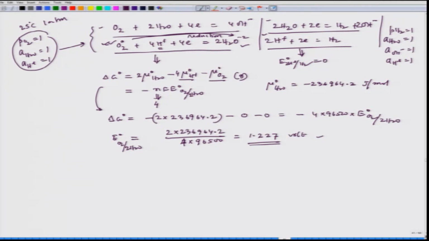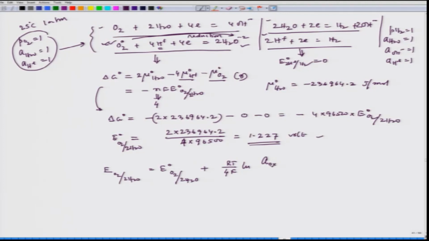Now, if we try to write the Nernst equation for this reaction, plus RT by NF, since N is 4 here, so I can write 4 ln activity of ox.